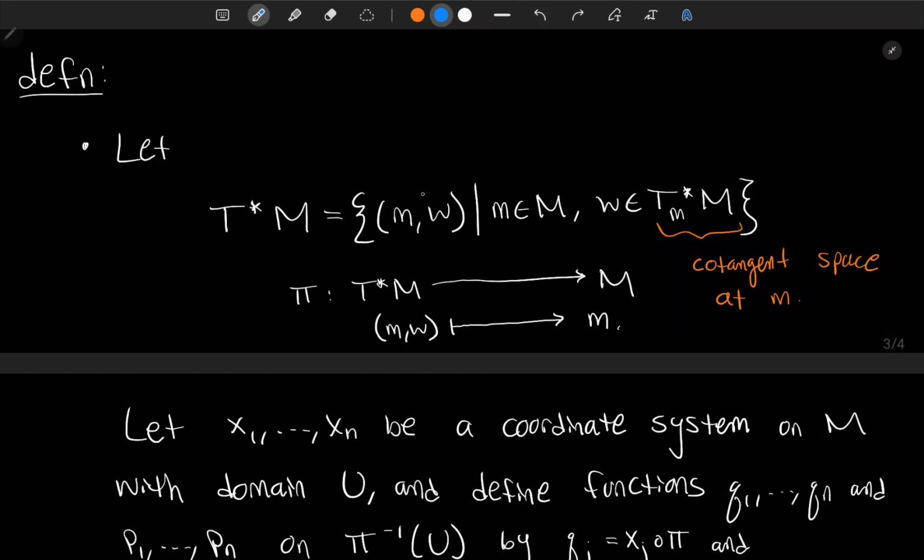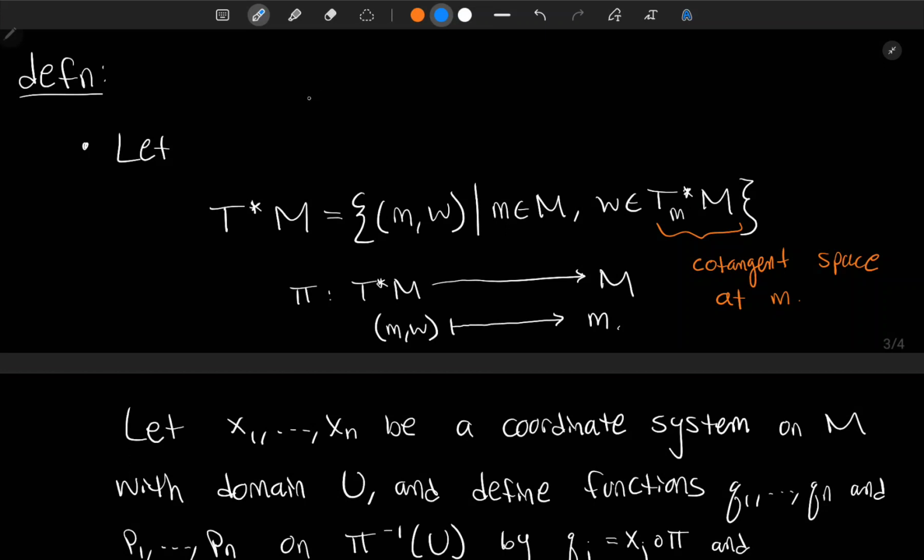It's given by the pairs (m, w) such that m is in the manifold M, so it's some point on the manifold, and w is an element of the cotangent space at the point m. So again, the cotangent space is the space of all linear functionals which send elements of T_mM to the real numbers.